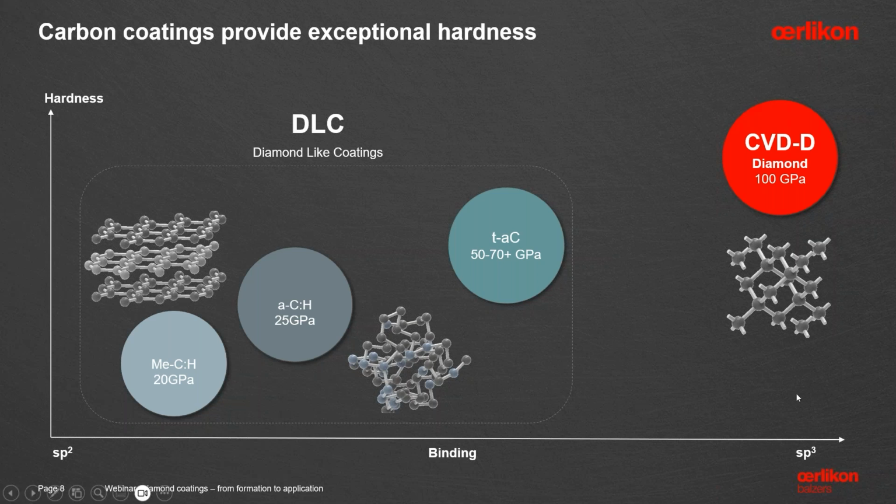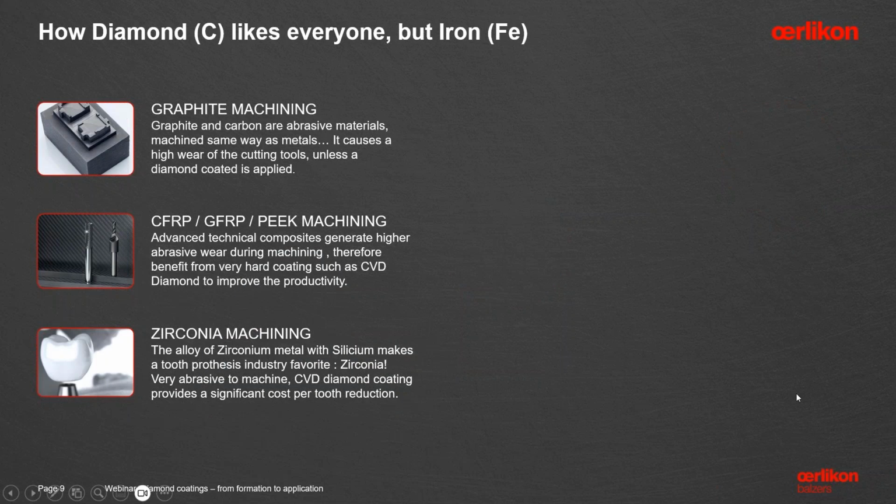In terms of industrial application, why do we talk about diamond? Typically, first, a large range of applications are cutting tools for the machining of materials that are very abrasive. So you need a higher level of protection for these cutting tools.